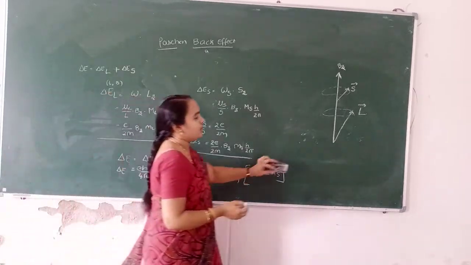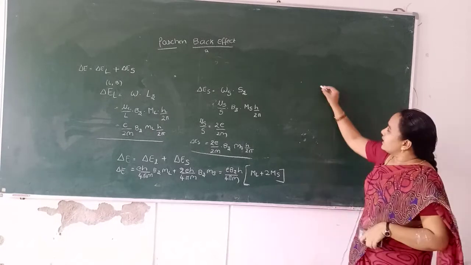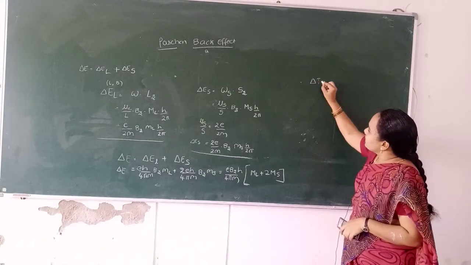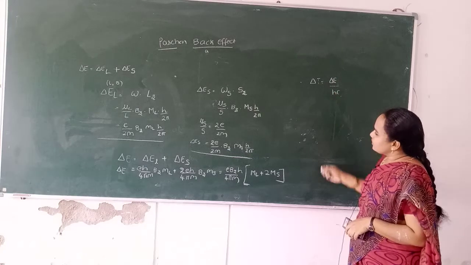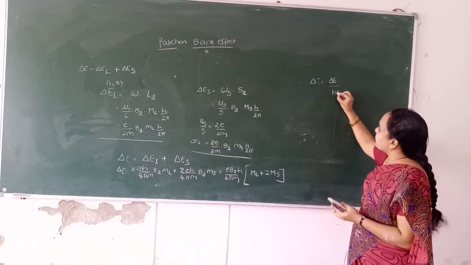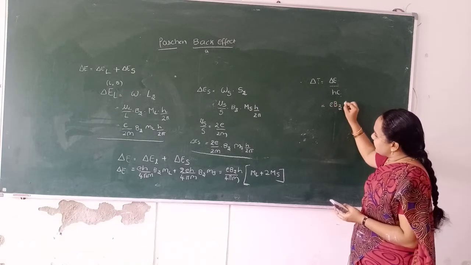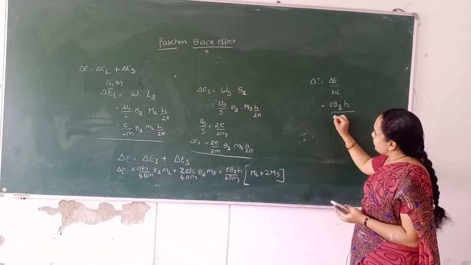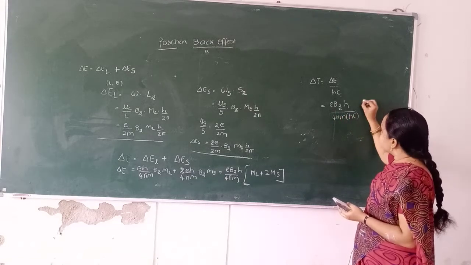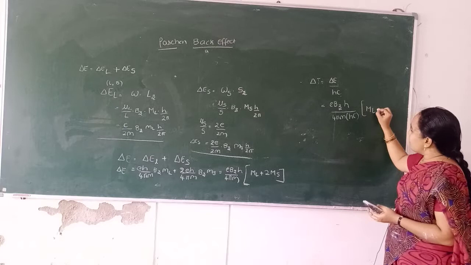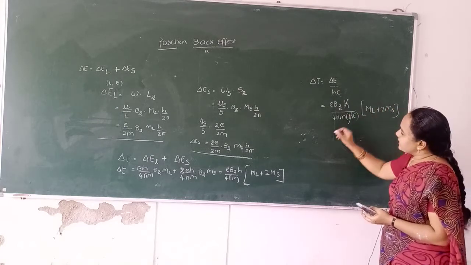Then what is the term value? Delta T is equal to delta E by hc. We have already calculated delta E, which is e Bz h by 4 pi m divided by hc, of ml plus 2 ms. The h gets cancelled.